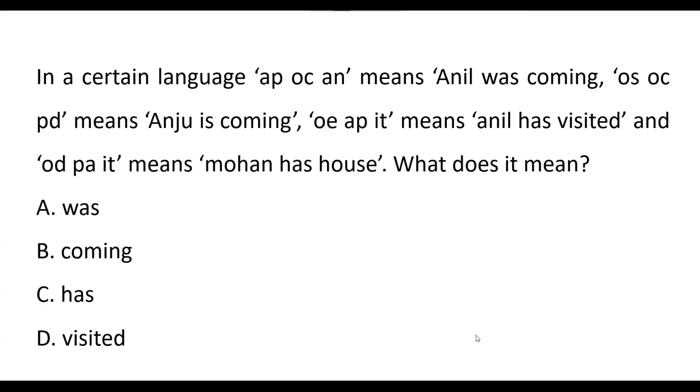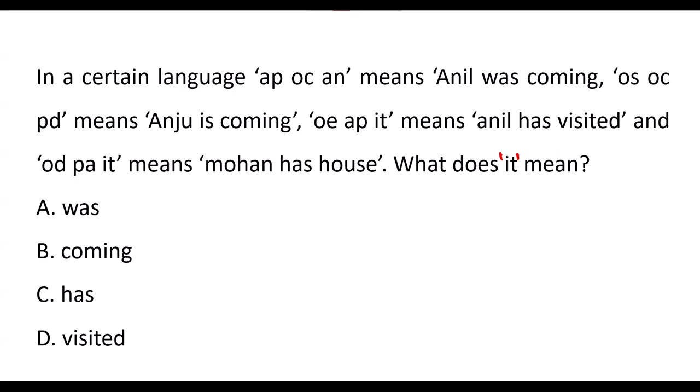Coding and decoding related question. APOCAN: Anil was coming. OSOCPD: Anju is coming. OEABIT means Anil has visited, and ODPAIT means Mohan has house. What does IT mean? It is in which lines?